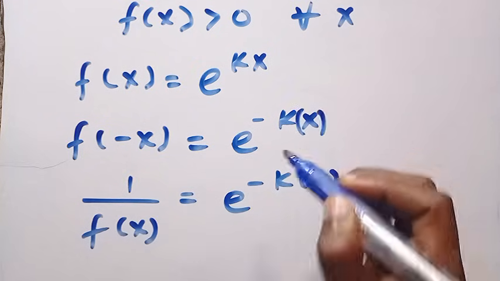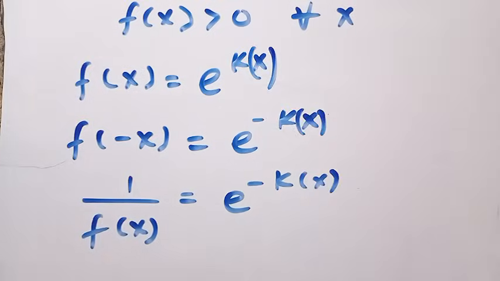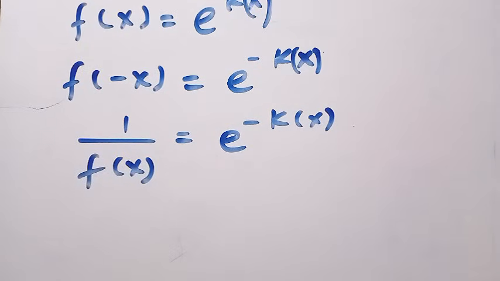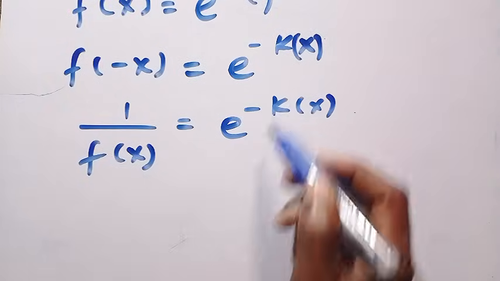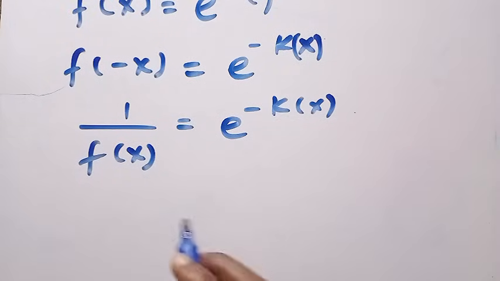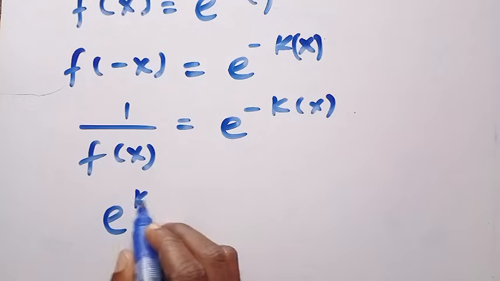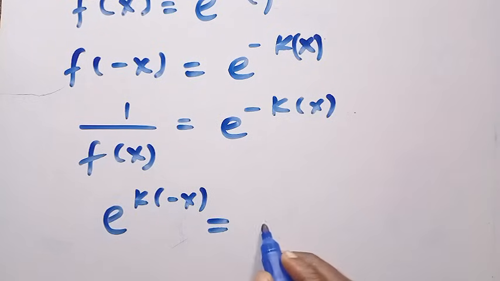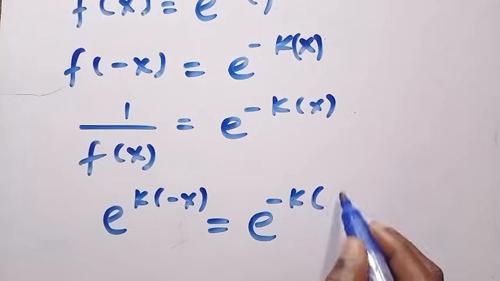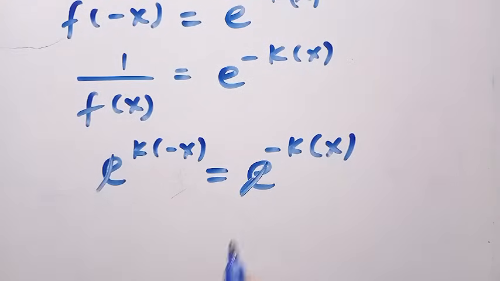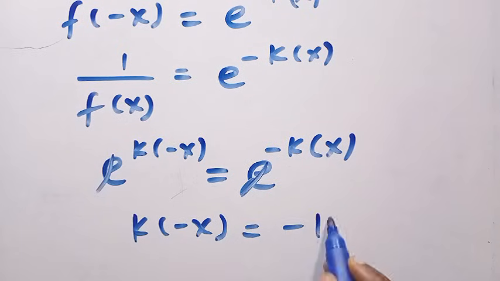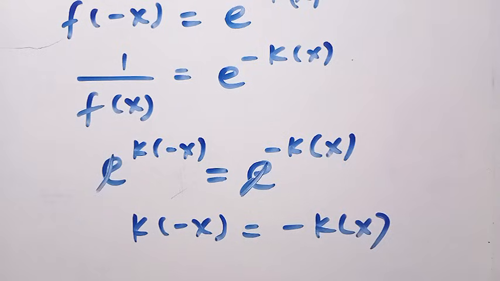Then if we let these two equal each other, we get e raised to power of k of minus x equals e raised to power of minus k of x. So if e cancels e, we have k of minus x equals minus k of x. So this shows that this function is odd.